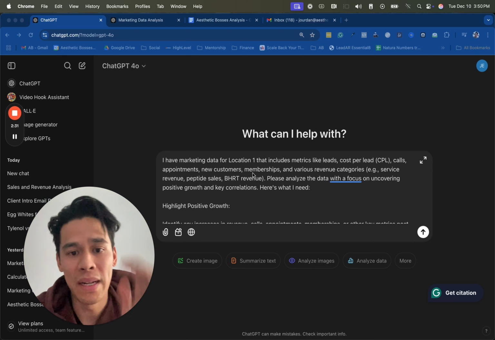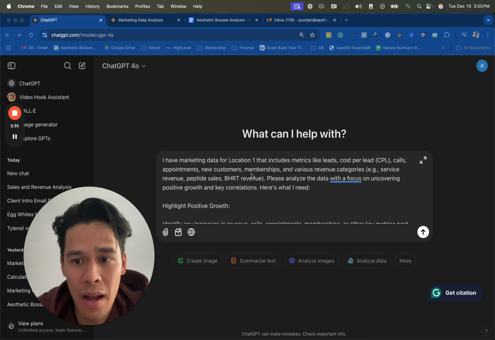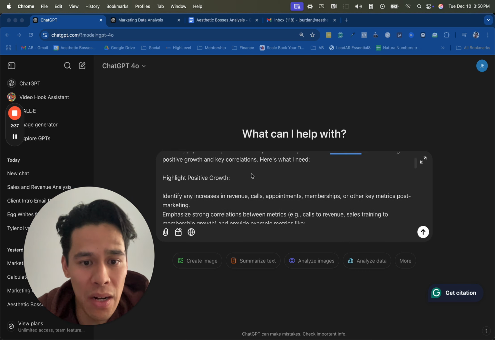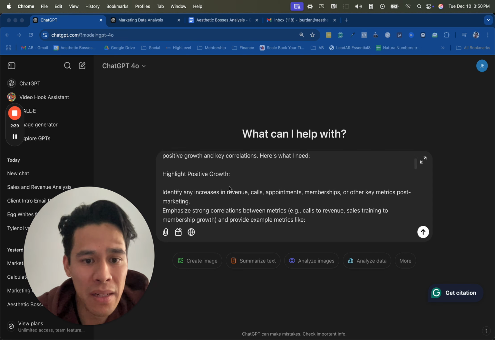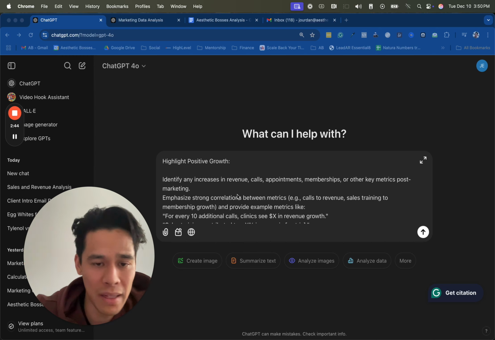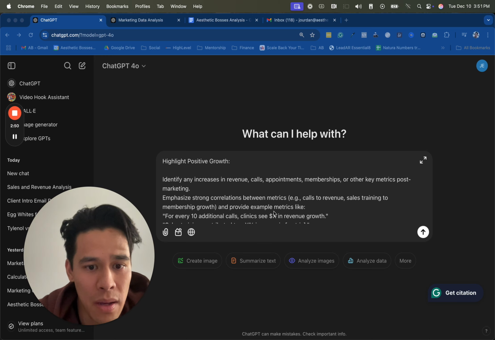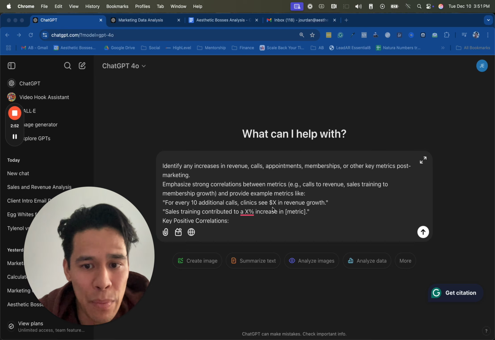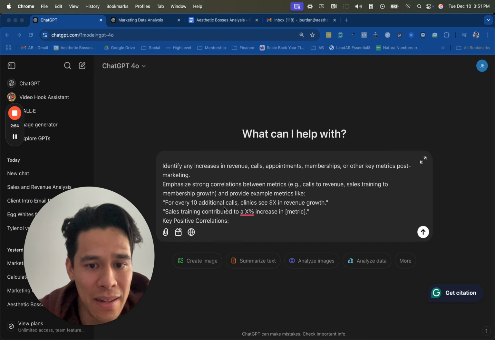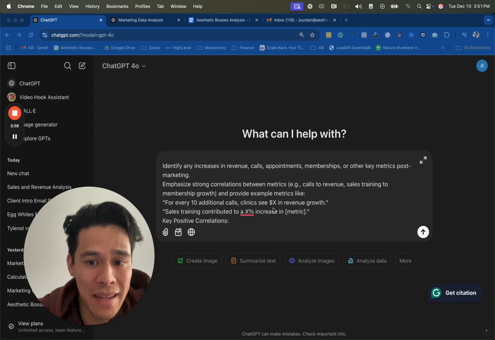So I have marketing data for location 1 that includes metrics like leads, cost per lead, calls, appointments, new customers, etc. Highlight positive growth. Identify any increases in revenue, calls, appointments, memberships, etc. Emphasize strong correlations between calls and revenue, sales training, membership growth, and provide example metrics like for every 10 additional calls, clinics see an X in revenue growth, right?